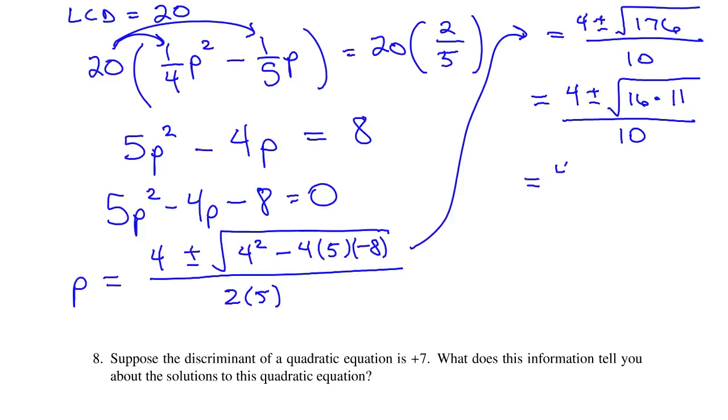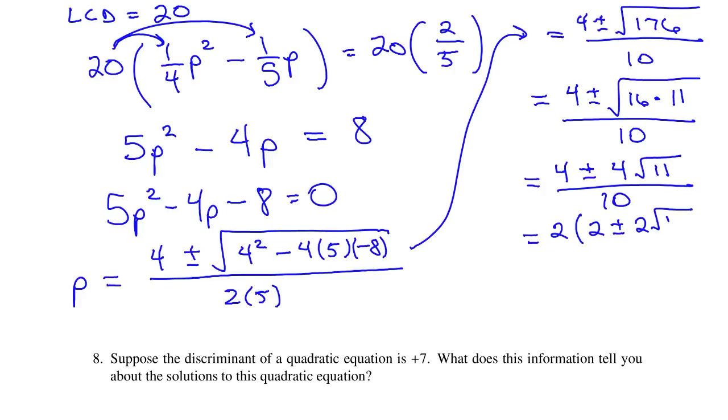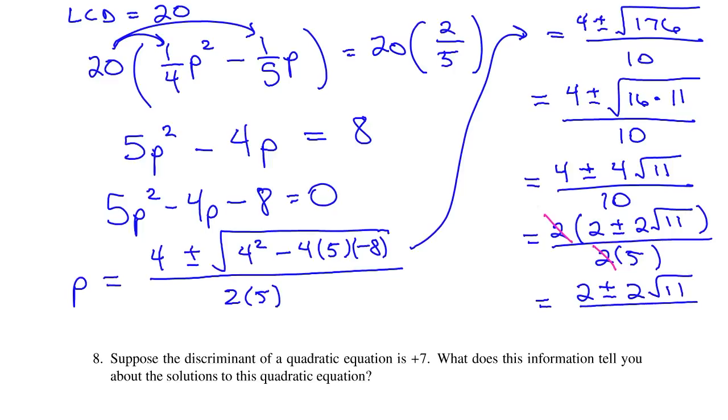So then the square root of 16 is 4. The 11 is the non-perfect square, so it stays under the radical. Factor out a 2 from the top and the bottom. Cancel the 2's, and then the remainder is the answer. So negative 2 plus or minus 2 square root 11 over 5, and that's the solution.